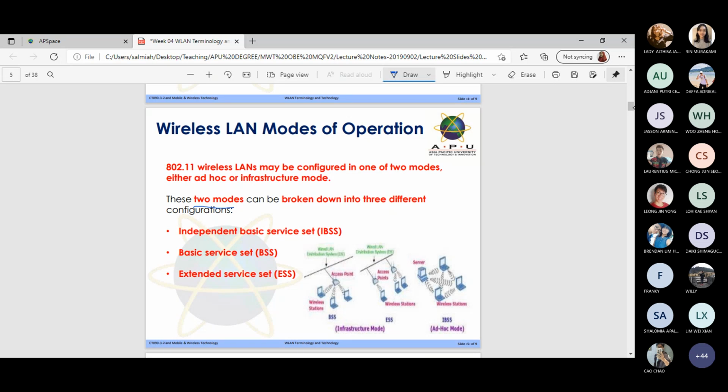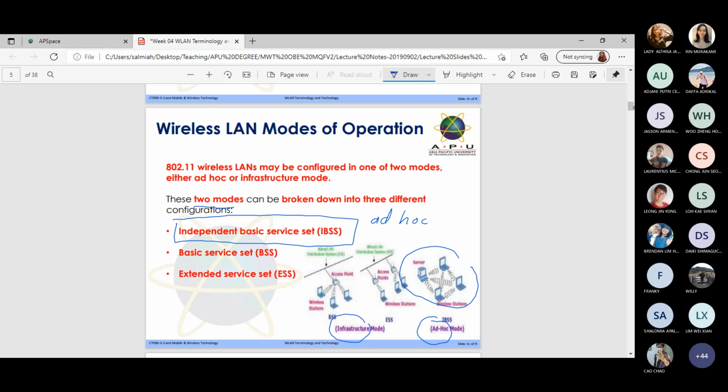Either it's ad hoc, and another one is infrastructure mode. For ad hoc, it's only IBSS, Independent Basic Service Set. That is only ad hoc, right? What it means by Independent Basic Service Set, you can see the figure down here.